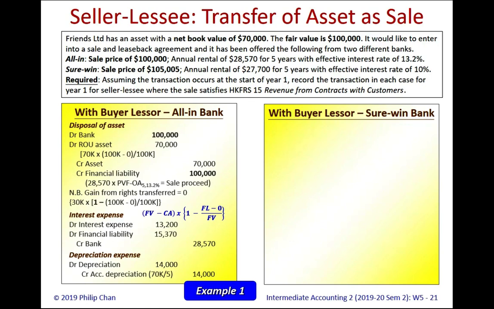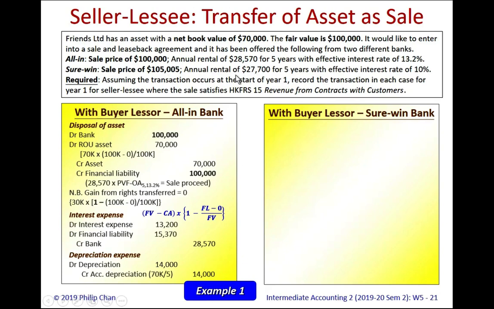How about Sure Win then? Sure Win has a higher sales price, and then the rental payment is lower, same duration, different effective rate. Now, do we know whether we have any gains from rights transfer by looking at the numbers that we have here? Well, the answer is no. Why not? Because you must work out the financial liability figure first, as at the initial day, and then compare with it.